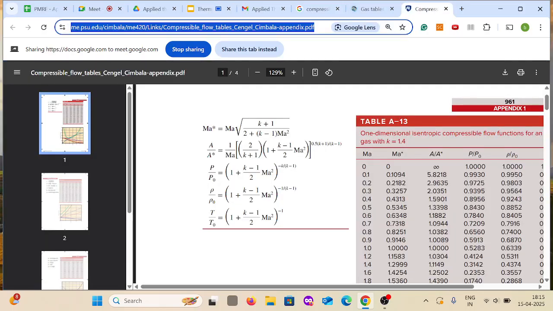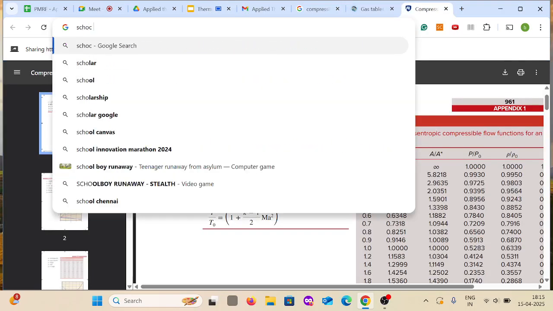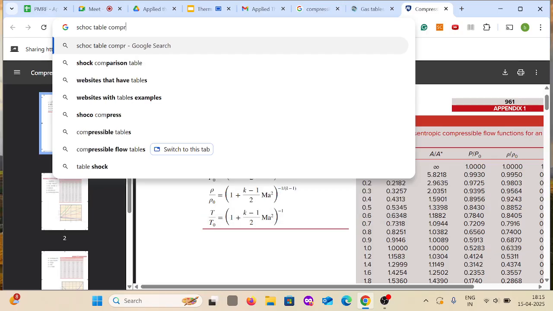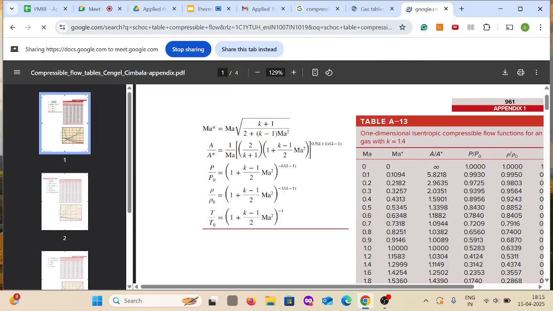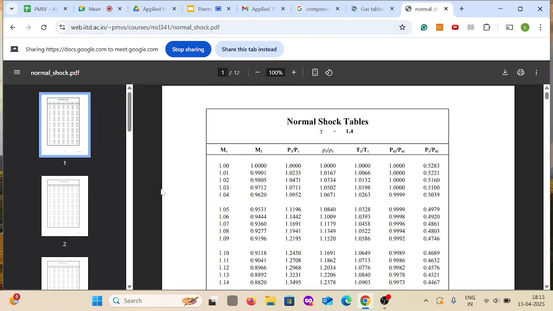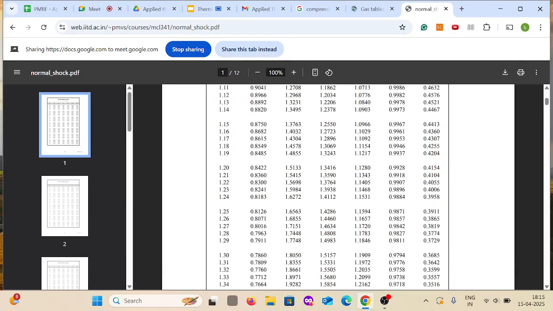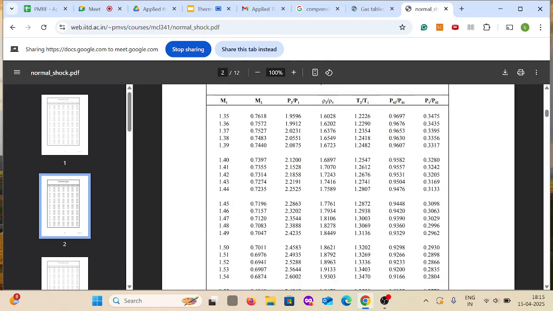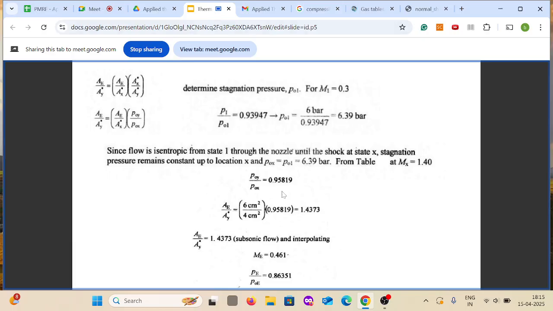So from the shock table, at 1.4, we know that the pressure ratio is 0.9582 for the stagnation pressures, that is at the exit of shock to the inlet of the shock.